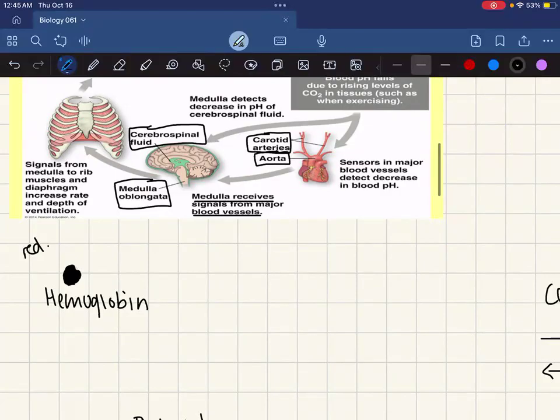We have 4 subunits, and those subunits carry oxygen. Oxygen is a ligand of hemoglobin, so oxygen will bind right here on its spot in the subunit of the hemoglobin. When oxygen binds, that increases the affinity of the hemoglobin for oxygen, allowing it to bind more oxygen until all the binding sites are full.